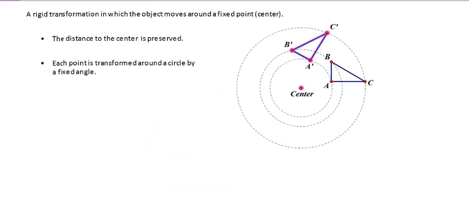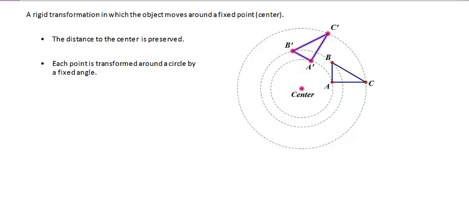Okay, let's look at a different picture to point out a couple of key aspects to a rotation. The first is that the distance from any point to its image has to be preserved. So if I were to measure the distance between point A and the center, it has to be the same distance as A prime to the center. And that would be the same for B and the center and B prime, and any other point on this triangle.